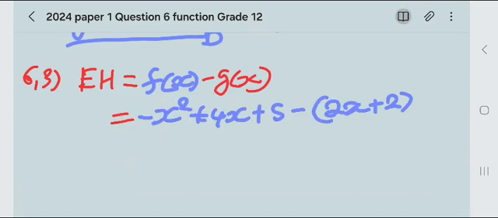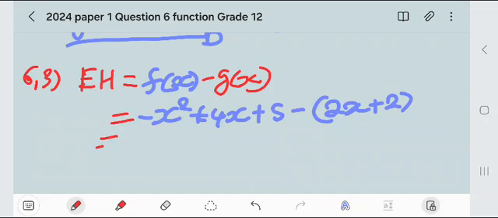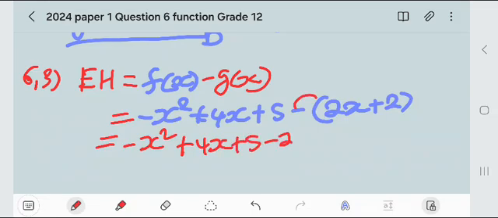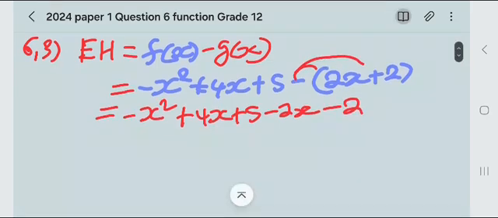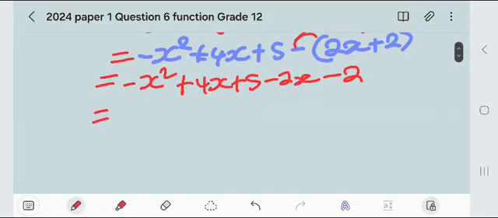Then simplifying further will be minus x squared plus 4x plus 5. Distribute the negative: minus 2x, minus 2. So let's group the like terms. 4x minus 2x simply equals 2x, so plus 2x.